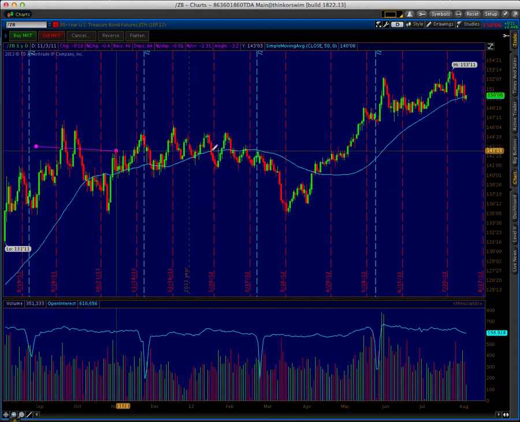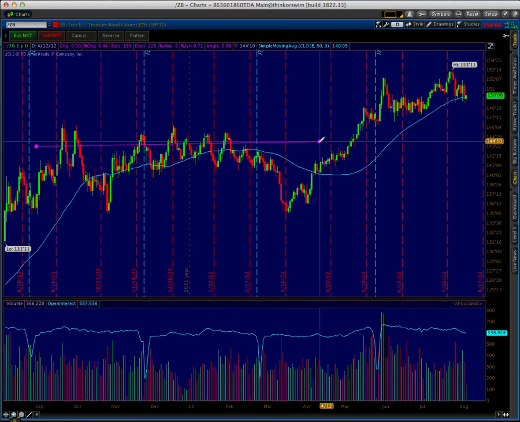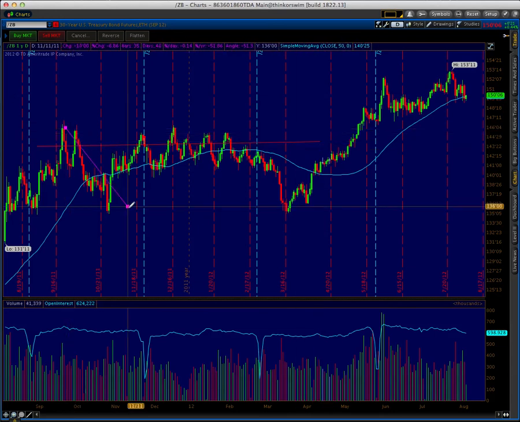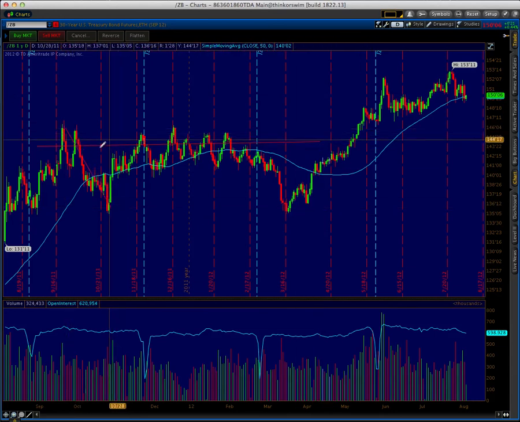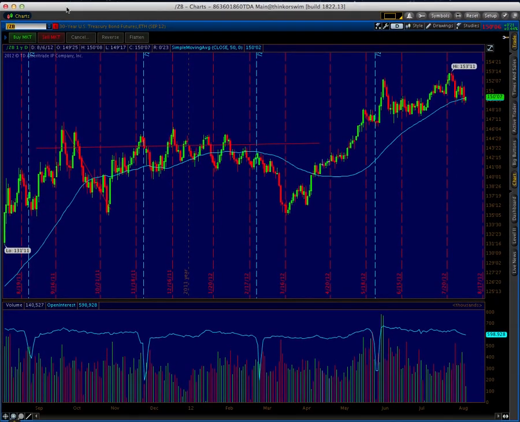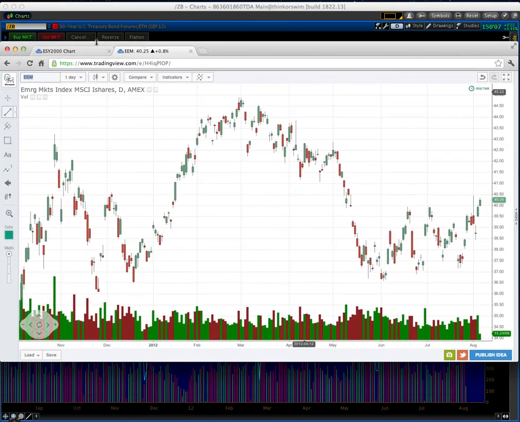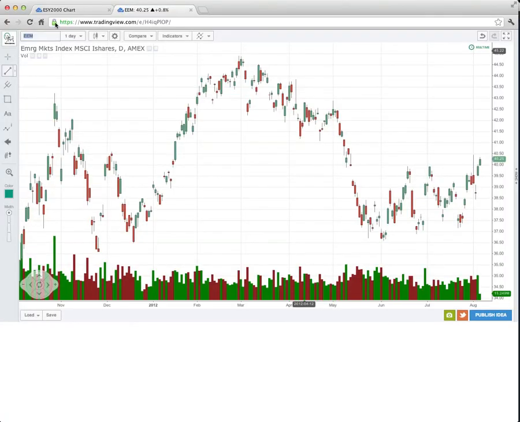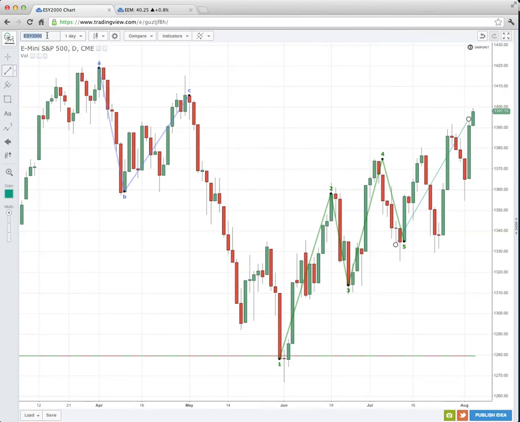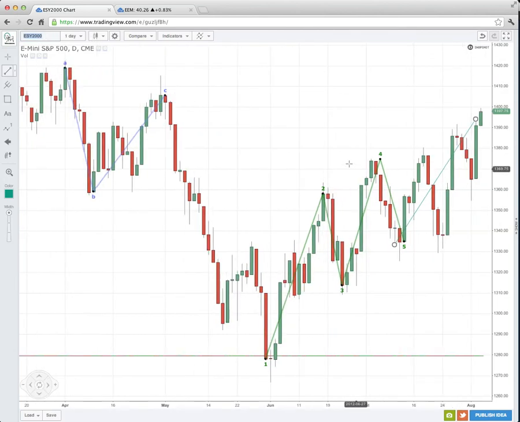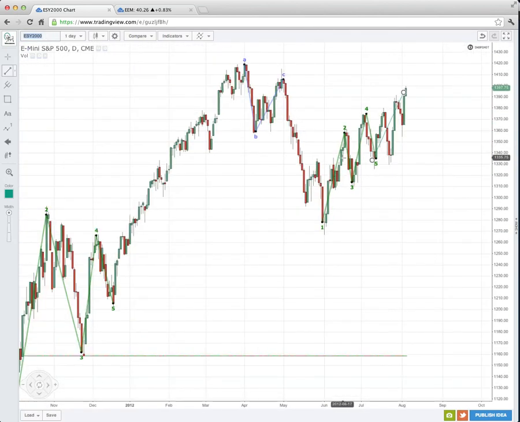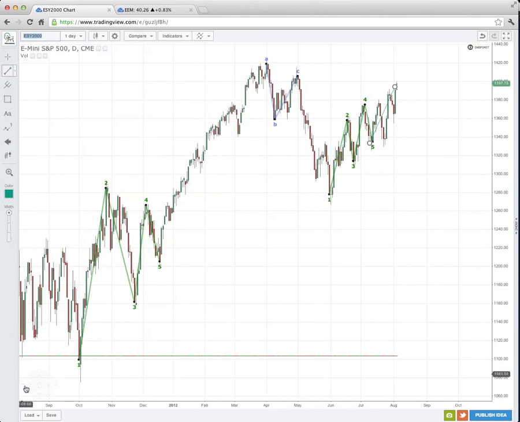As you can see, they did almost nothing and actually kind of shot down in the 2011 crash period. So bonds are not as safe as most people think they are. They can actually be quite volatile. So anyway, now let's look at another one.